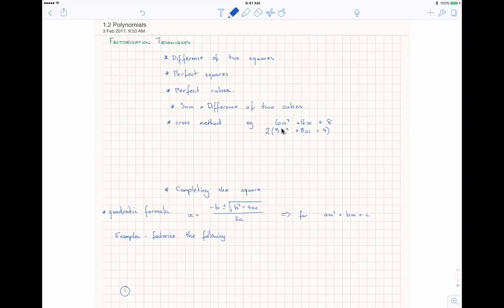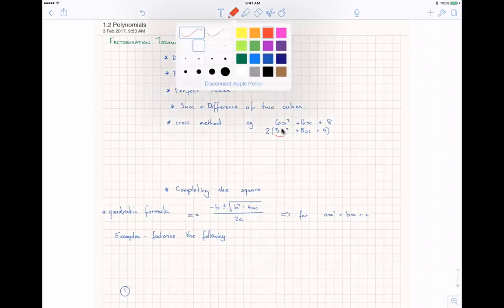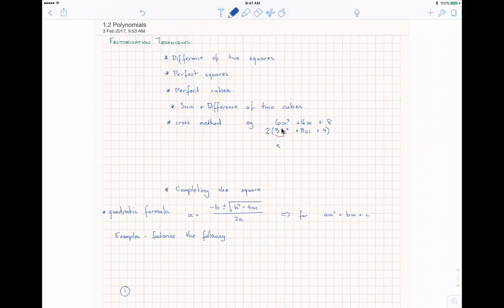Now, if you remember from the cross method, the next thing to do is to find two factors of 3x squared. They will have to be 3x and x. Sometimes if we had a different number there, say for instance something like 10, then we'd have several different combinations that we could use. But for 3, because it's a prime number, we only have 3 and 1.